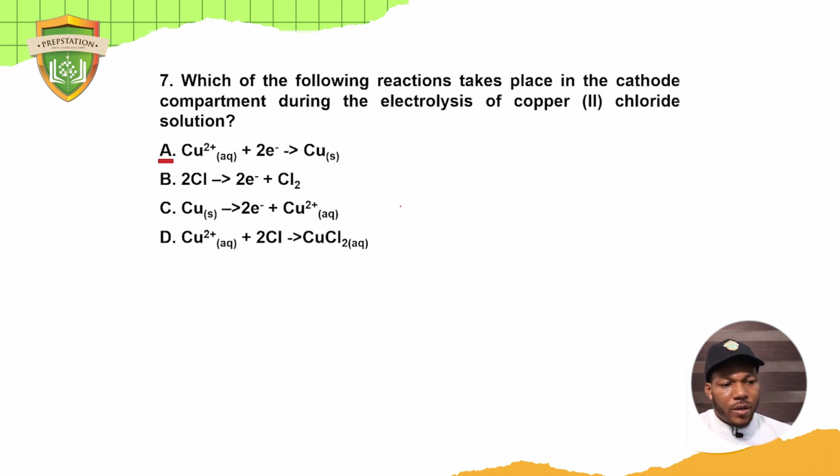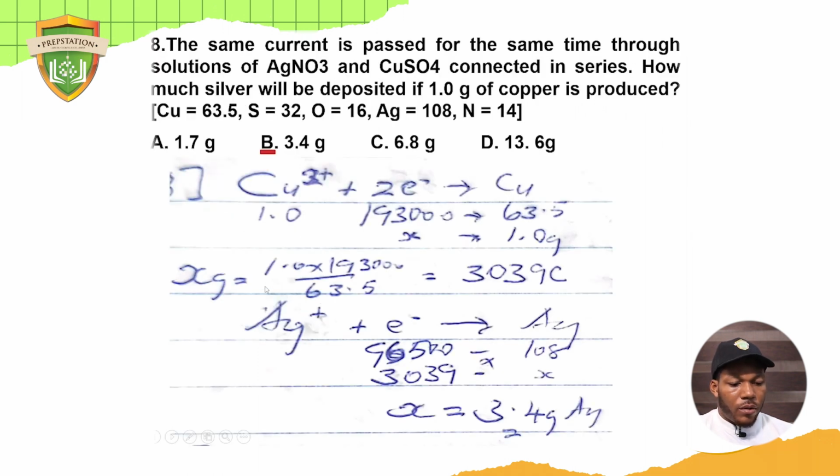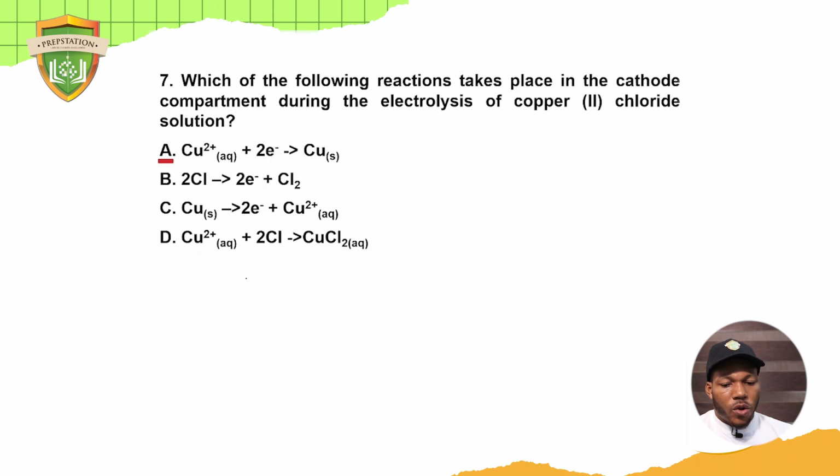If you break this compound down, copper 2 chloride is CuCl2. That will give us Cu2+ and Cl minus. So this copper will be discharged at the cathode.